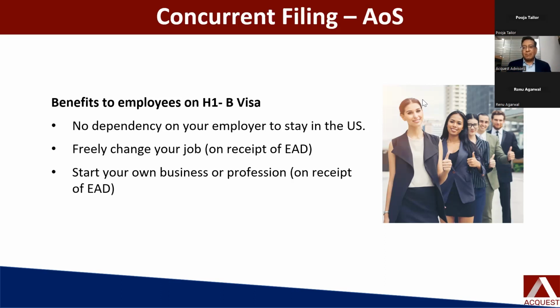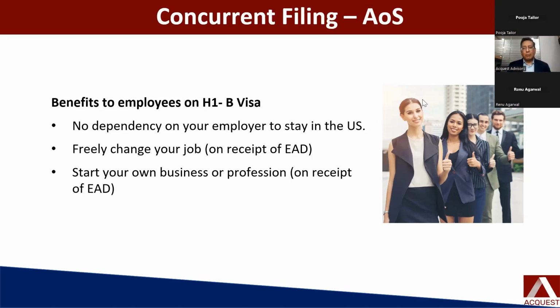Again, I will give you an example. We had a client who had filed for an EB-5 visa earlier under the old act, and when this facility of concurrent filing became available, we filed for the adjustment of status.